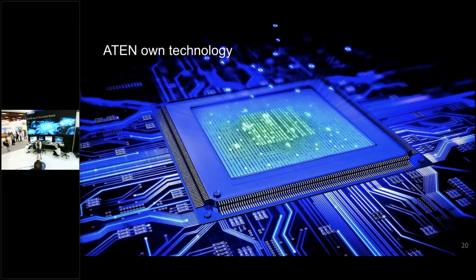ATEN has our own technology to design those compress, decompress, sometimes we use the term encode, decode, the codec. And yeah, we could use the very popular solution from the ASIC vendors, they have their own solution to provide ASIC.